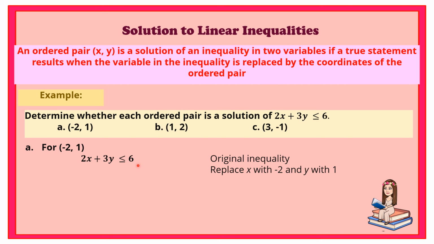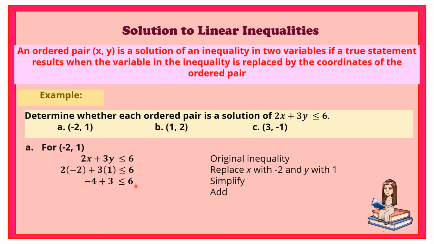Next step po, replace mo yung x or substitute mo yung x ng negative 2 at yung y ng positive 1. So, it will be 2 times negative 2 kasi x, plus 3 times 1 kasi y, is less than or equal to 6. Then, we simplify. 2 times negative 2 is negative 4, and 3 times 1 is 3, which is less than or equal to 6.